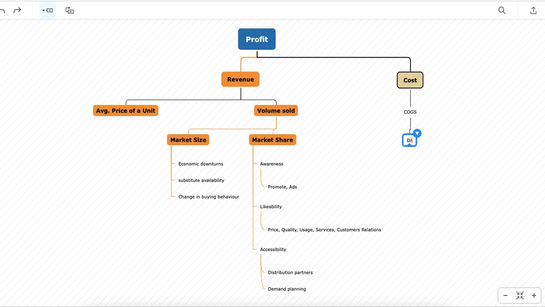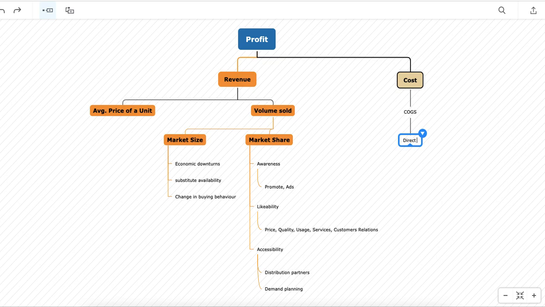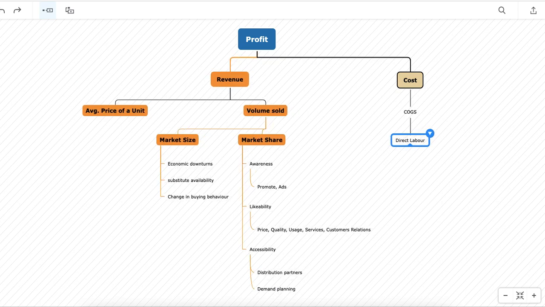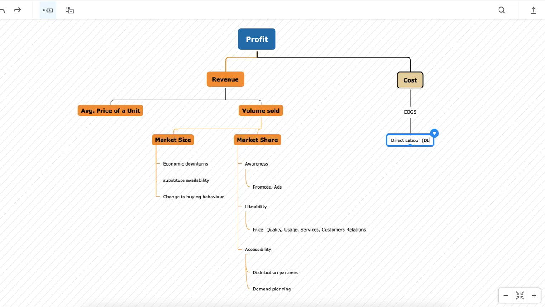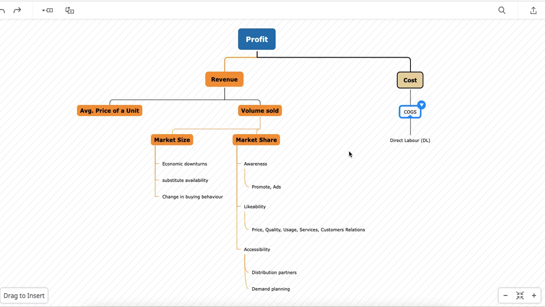Now, one of the drivers is direct labor, like whatever labor is used to make that product. We'll not go into the nuances of companies who produce the products themselves versus companies who are just merchandisers. They are handled in a certain way.